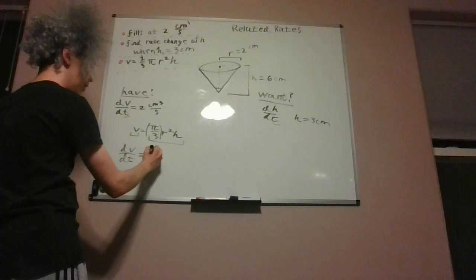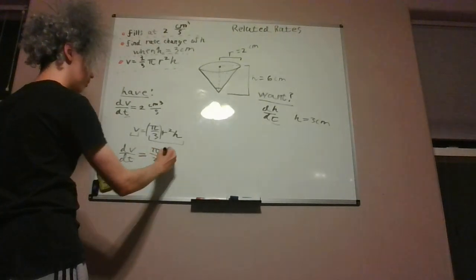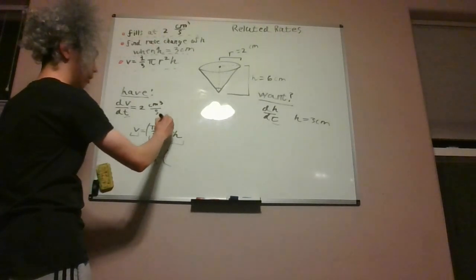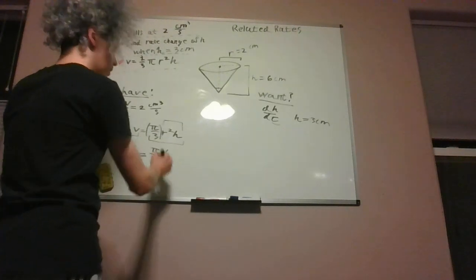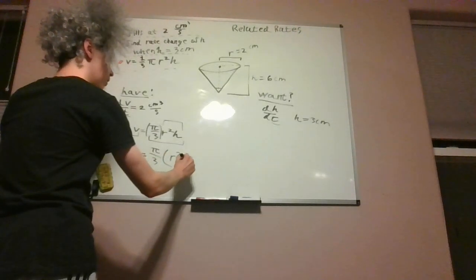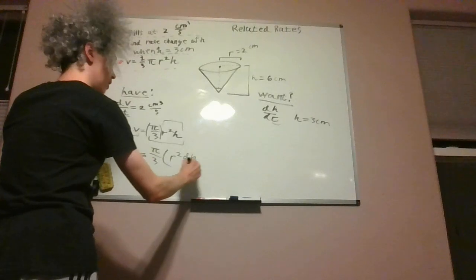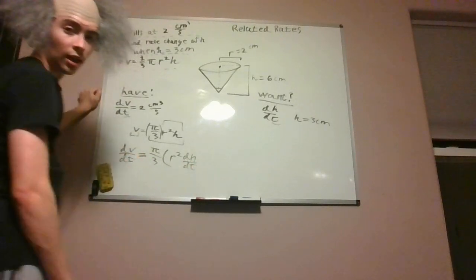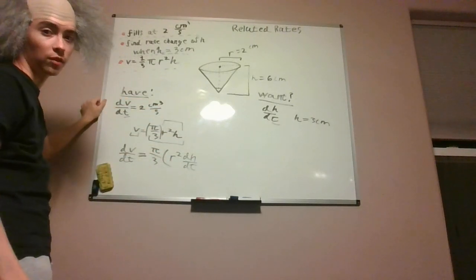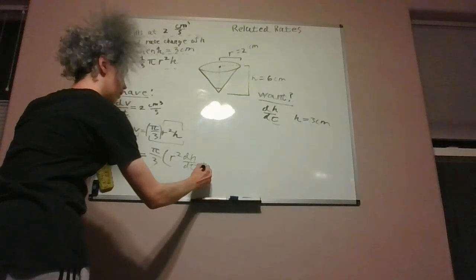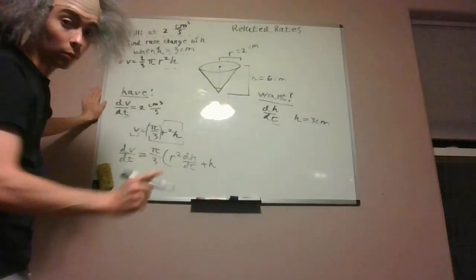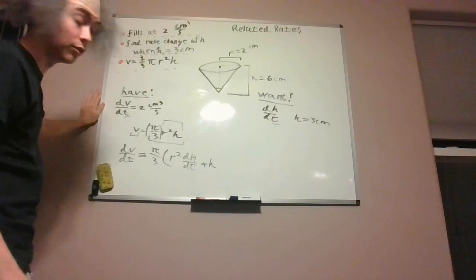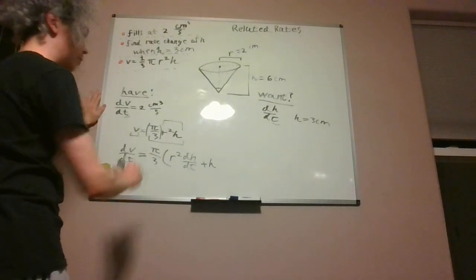So here we're going to do a similar sort of thing. We're going to have pi over 3 out here in front. And then we're going to be differentiating this part here, this r squared h. Now this is going to be some left, d right. It's going to be r squared times dh/dt. Now we already have both these variables, but let's keep going. Plus, now right, d left. We're going to have to do implicit differentiation here because we're differentiating with respect to time, not with respect to r.